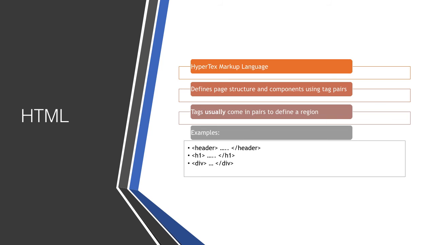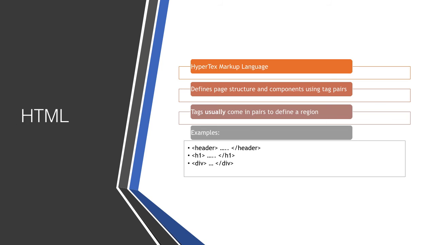So your header region contains information about the page, the title. H1 is actually heading, and I apologize right up front because a lot of this wasn't necessarily planned all that well, so there are some terms that are similar. Header and heading are similar, but they're completely different regions on an HTML page.